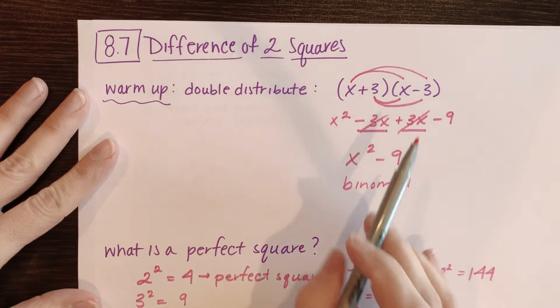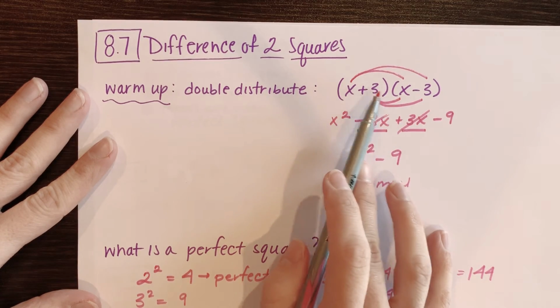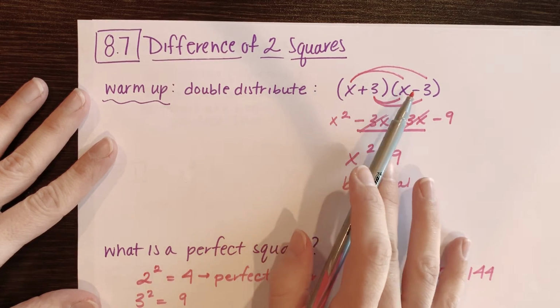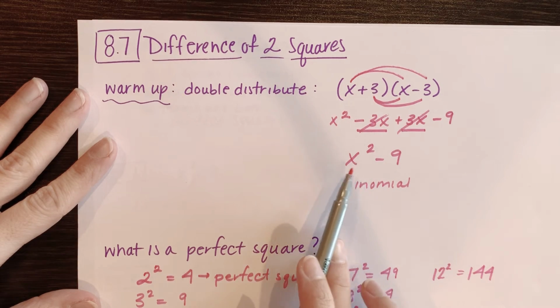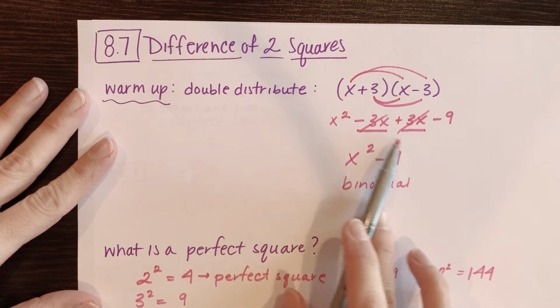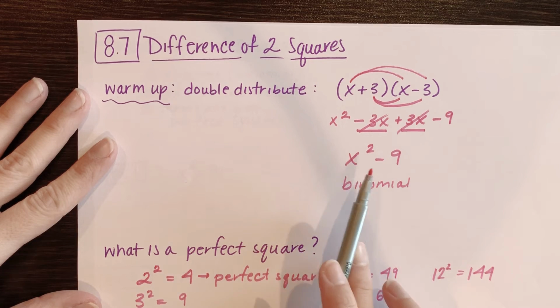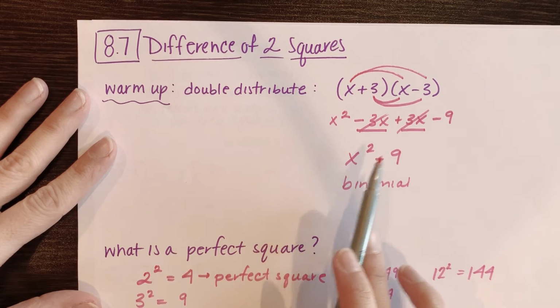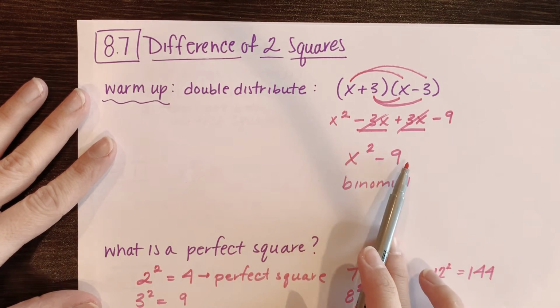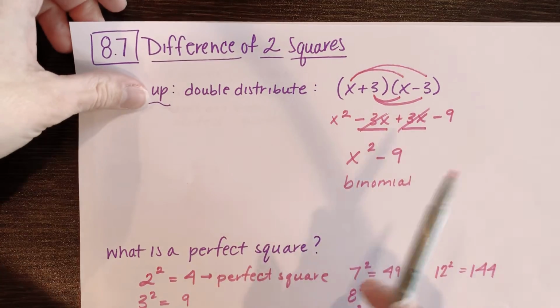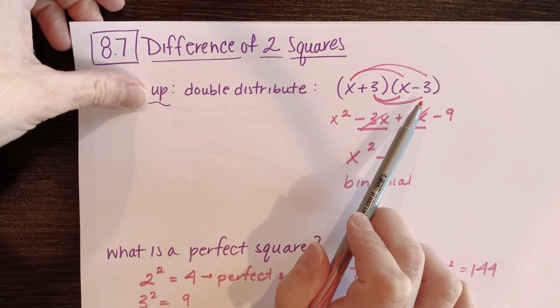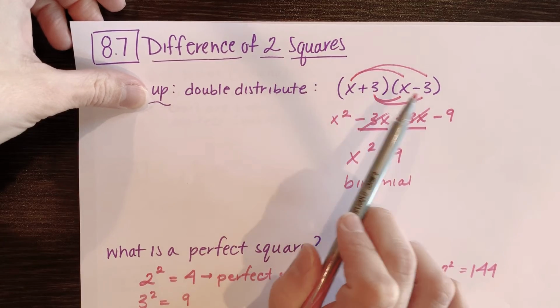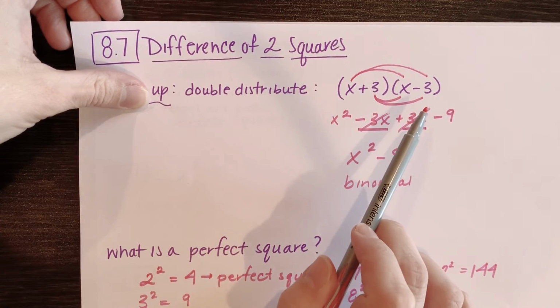Let me bring you back to that warm-up. When I had x and x, 3 and 3, one a plus, one a minus, I had this as a result when I double distributed. So if I asked you to factor x squared minus 9, I would know that it would go into this double bubble. X and x, 3 and 3, one a plus, one a minus.